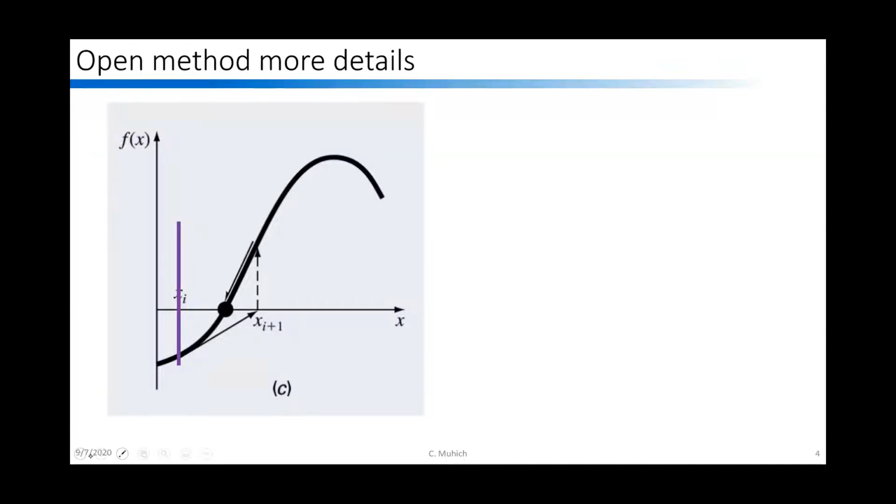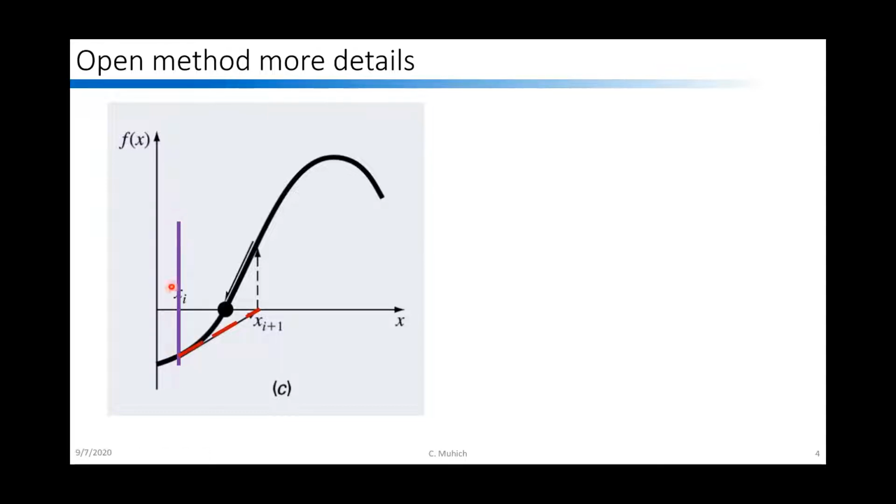So as I alluded to on the previous slide, the idea behind open methods is to use more information than just knowing whether a root is between 2 points. Rather, let's say we're starting at this xi point, we can use the information about the tangent at that point.